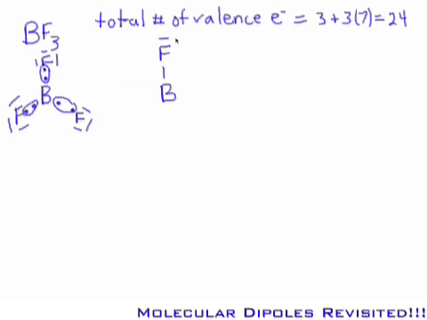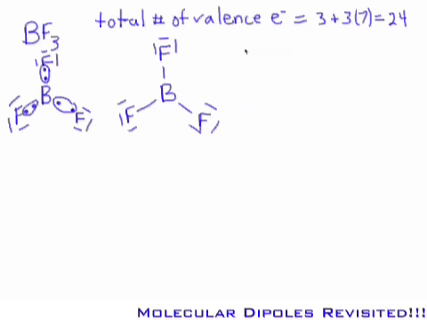Now we're going to focus only on the dipole on the central atom. The fluorines' lone pairs effectively produce small dipoles that slightly cancel each other. Who's more electronegative, boron or fluorine? Well, before I answer that question, before I actually determine dipoles, I have to know the shape of the molecule.